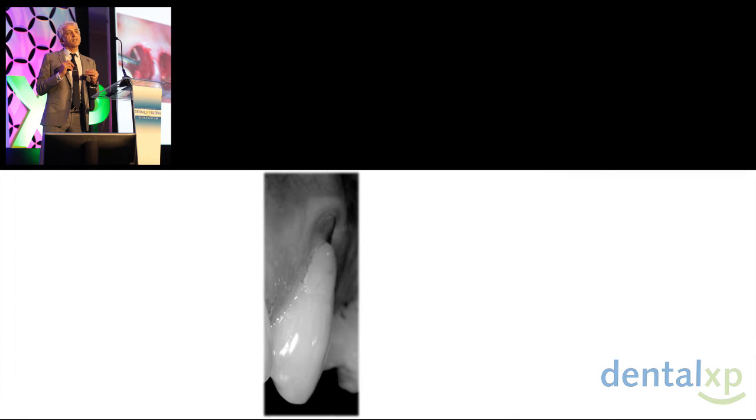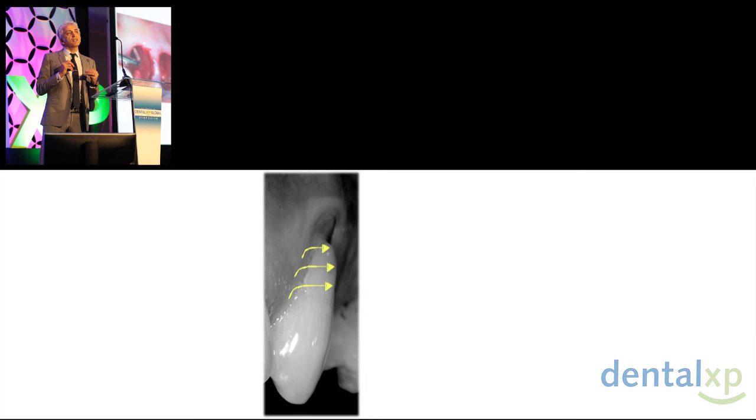Another aspect that has not been investigated as much has to do with root prominence. This we're now investigating using three-dimensional imaging techniques, and we have found significant correlation between root prominence and the outcome of soft tissue augmentation. So hopefully this will be published this year.